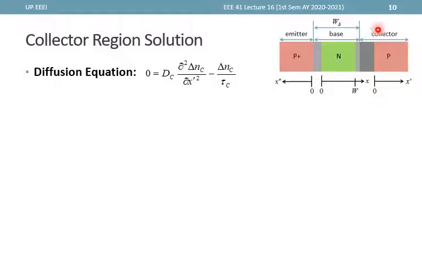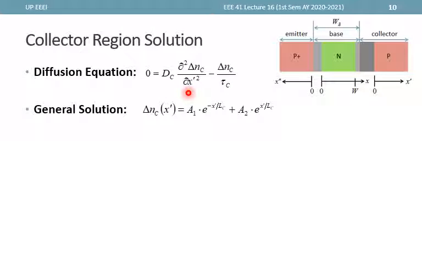For the collector region, again, we start with the MCDE in terms of x prime. The general solution should look the same, although note that we are now in terms of x prime, and the diffusion length is LC.